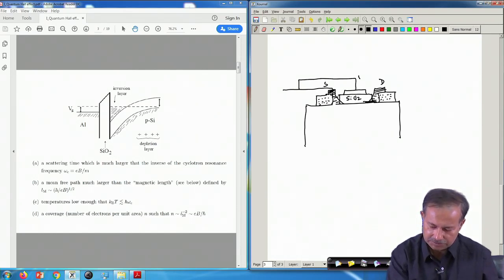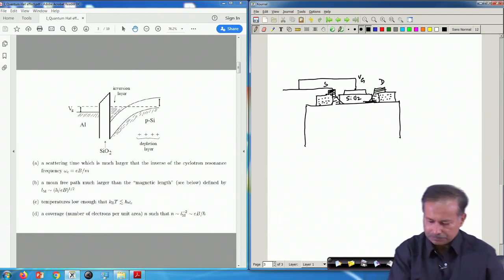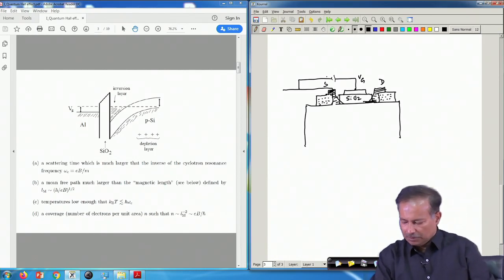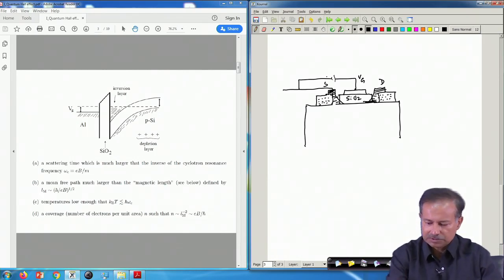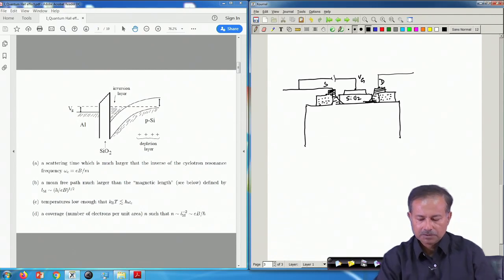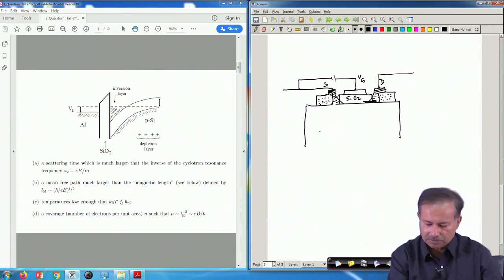So, this is the V gate that you apply here, okay. In this case this is positive with respect to this. Okay, so this is the configuration, from here one drains out. So, this is the typical configuration, and this is p type silicon.